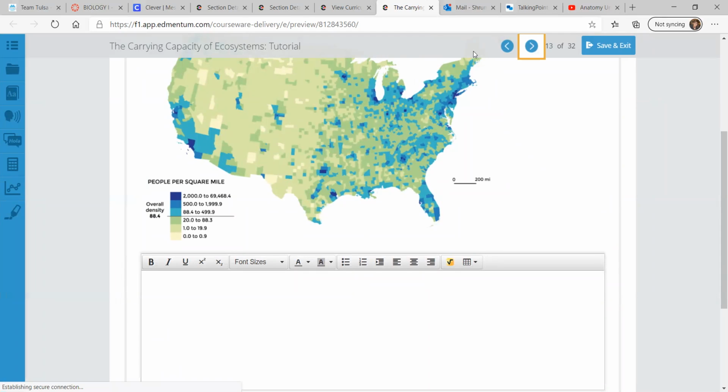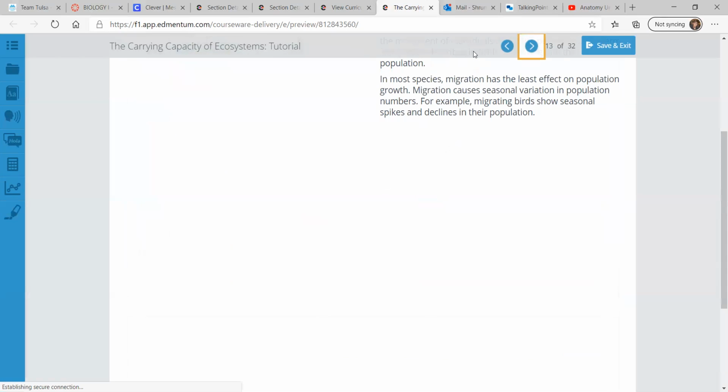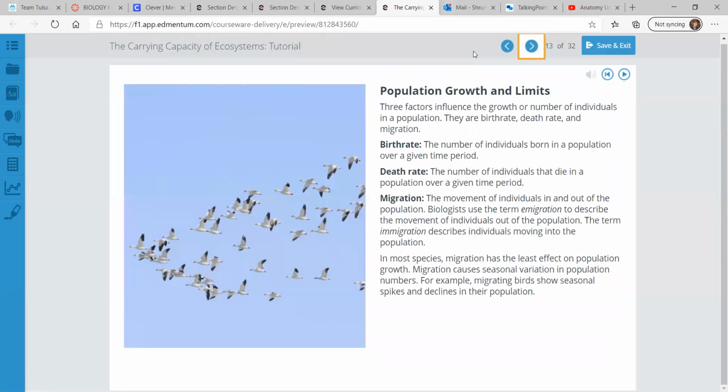So more people are able to live in one spot in cities. Population growth and limits. Now, there are three factors that influence the growth or number of individuals in a population. They are birth rate, death rate, and migration.